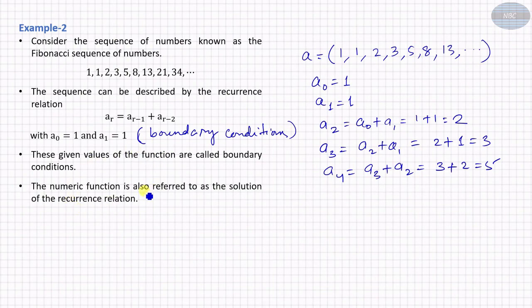The numeric function is also referred to as the solution of the recurrence relation. Here the recurrence relation is a_r = a_(r-1) + a_(r-2). The solution of this recurrence relation is nothing but this discrete numeric function.